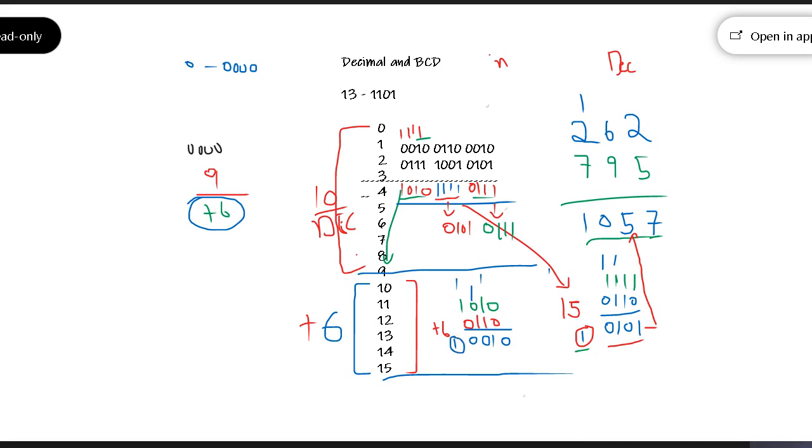Okay, wait, I think I did a mistake somewhere. One second. 1 plus 1 is 0 plus 1. Plus 1, 0, 1 plus 1, 0, 1.